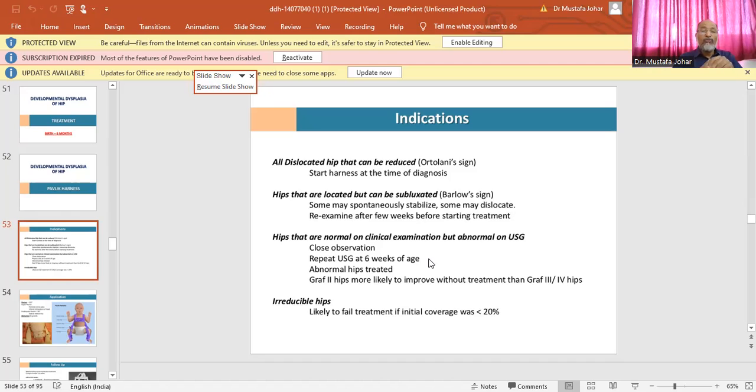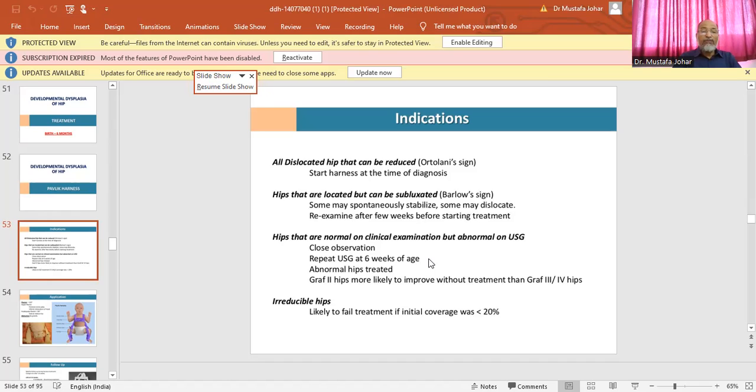And you may have to go for a USG every 6 weeks of age, so as to detect the dysplasia of the acetabulum. Then you have abnormal hips treated, with Graf types. Type 2 hips are more likely to improve without treatment than the Graf 3, 4 kinds of hip dislocations on USG.